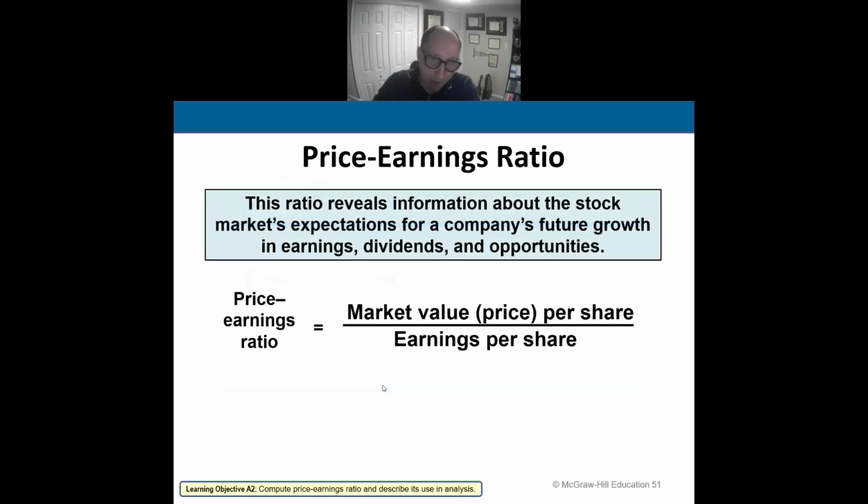It's not something we're going to get too excited about in this course. Another one's called price earnings ratio. This one tells us what the projections are for future growth of the company. This one's kind of exciting if you're interested in figuring out how much the company is going to be worth in the future. For those of you who are interested in finance, this is a very common finance ratio. We take the market value per share divided by earnings per share.